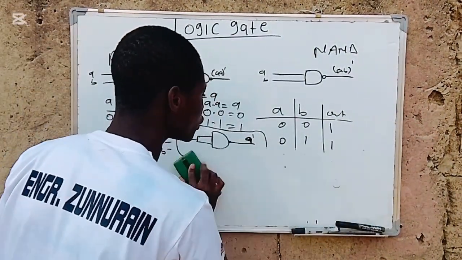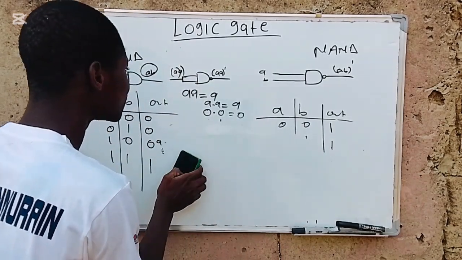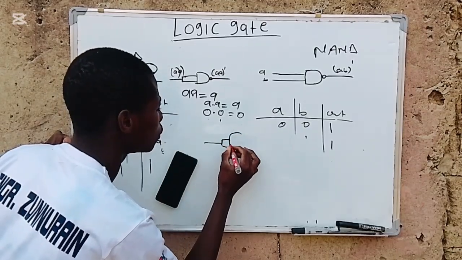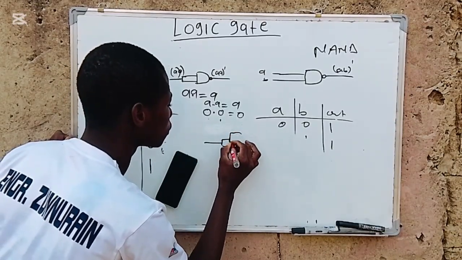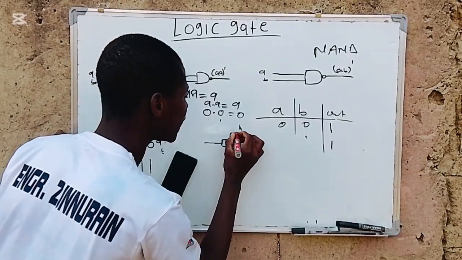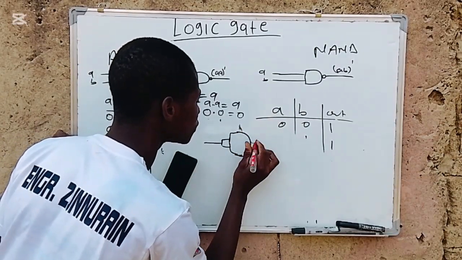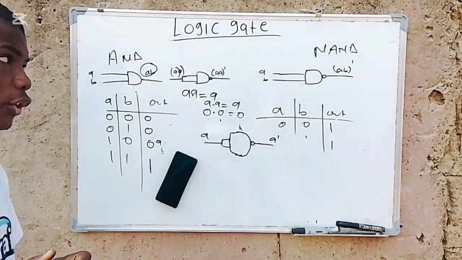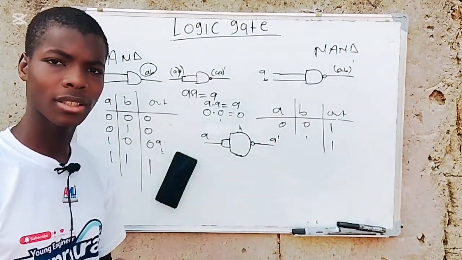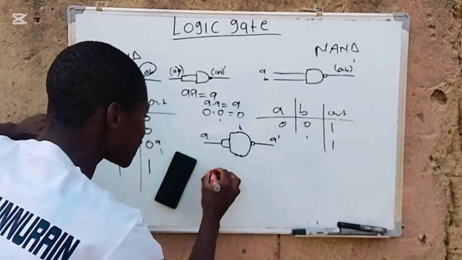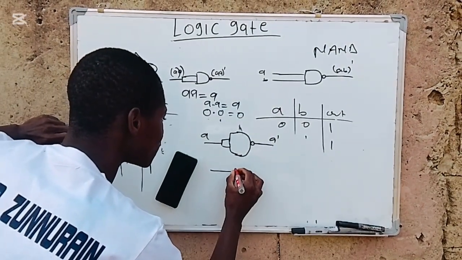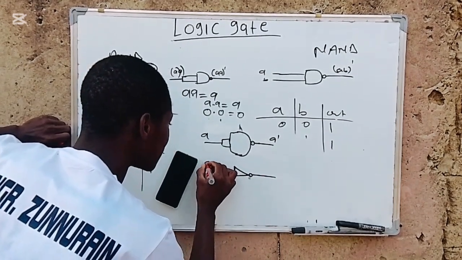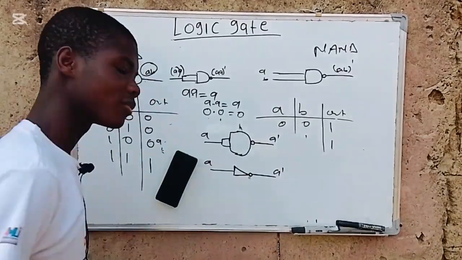Let me show you another relationship. But there is one thing I need you to know: this NAND that I find gives A and A prime. If you recall, this is NOT, because NOT is like this, A to A prime, which is A complement.